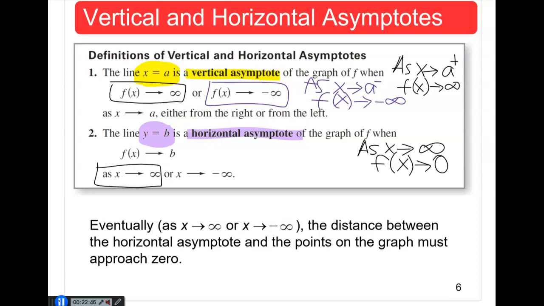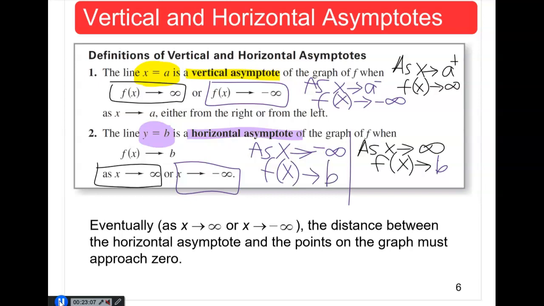In this case, we will call it b, just to generalize it. And then the other one was as x approaches negative infinity, meaning getting smaller, f of x, the function value, approaches b again. With our example, we used the number 0 because it was the parent function, but with this one, we use the letters a and b.